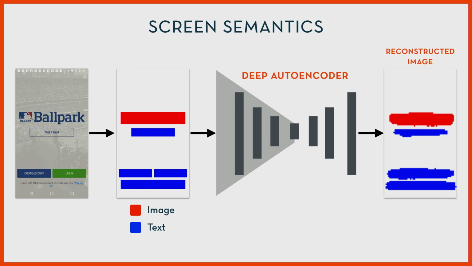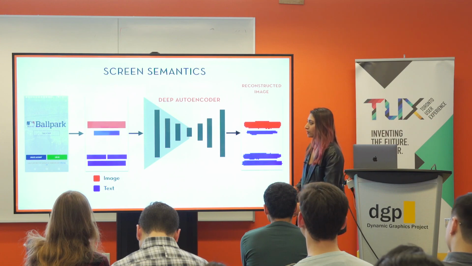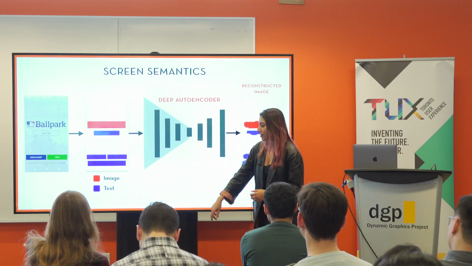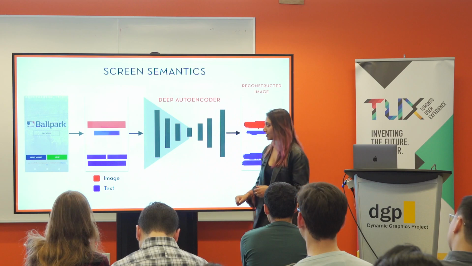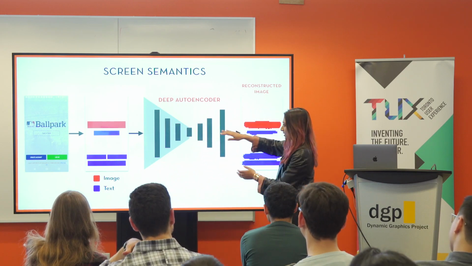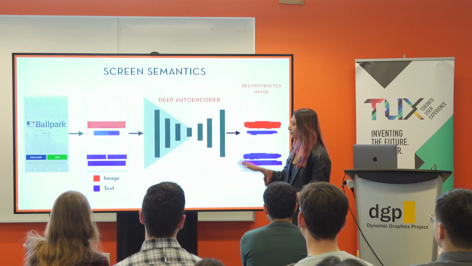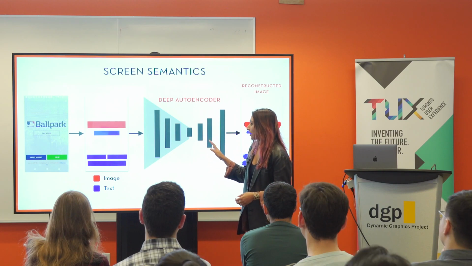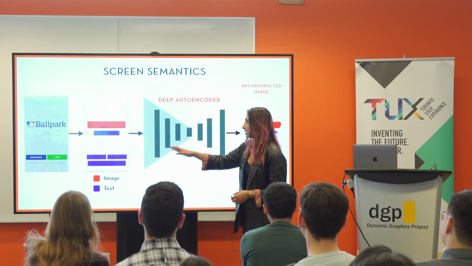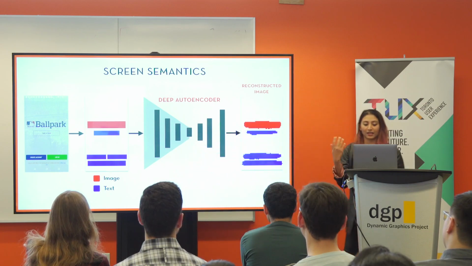So we used the semantified versions of the screenshots to train a deep autoencoder. Basically, a deep autoencoder is a technique where you feed in an image and you're trying to do a dimensionality reduction, and then you're trying to blow it back up and reconstruct that image. And usually you only use the first part of it, the encoder part, in your application.